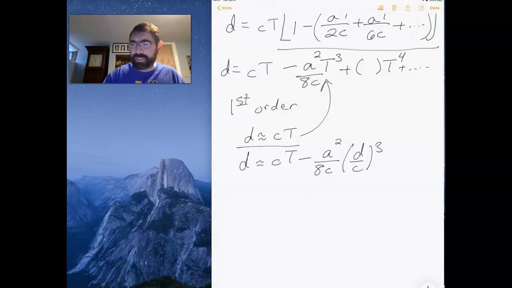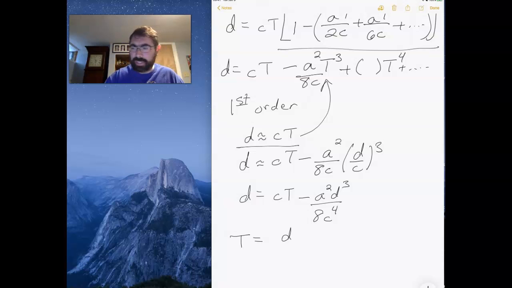I could write this as ct minus a squared d cubed over 8 times c to the fourth power, and therefore t is d over c plus a squared d cubed over 8c to the fifth power.